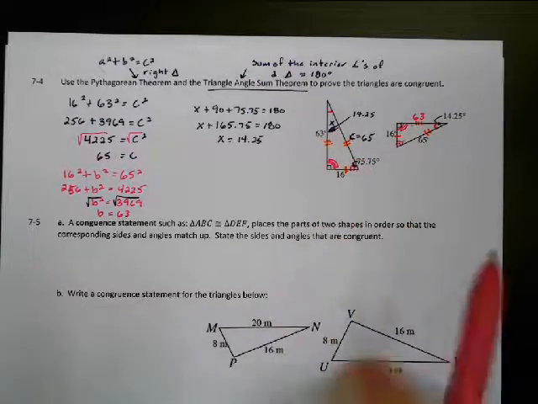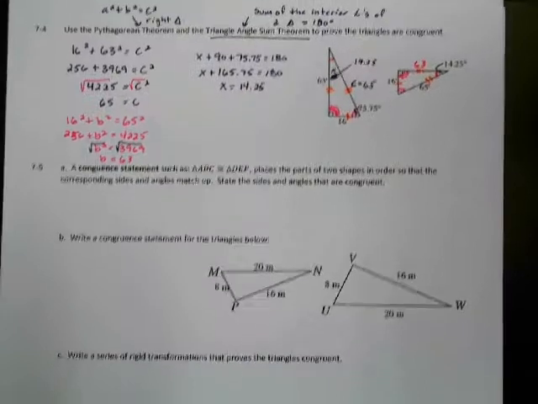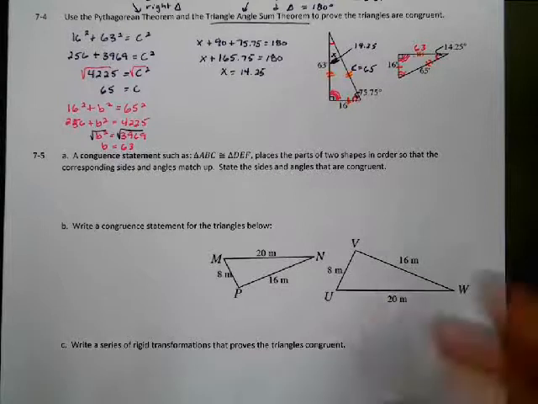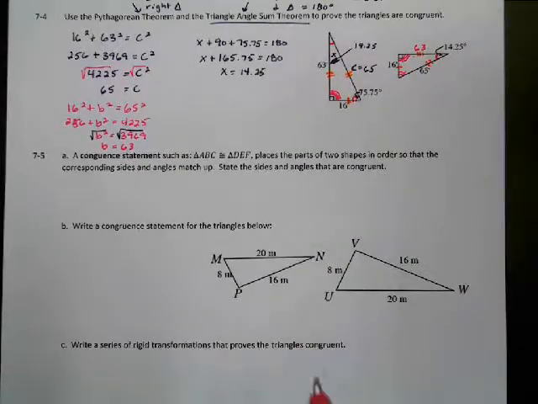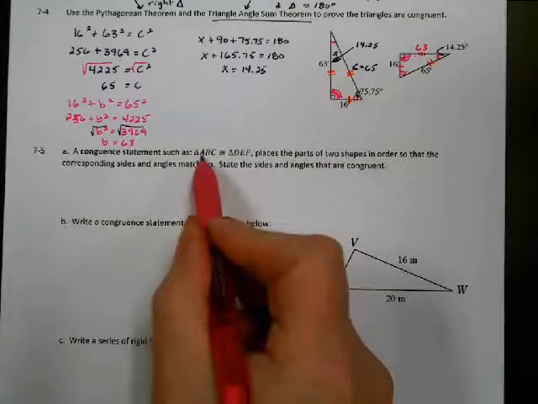A congruent statement is something that we write down to prove that two triangles are congruent. And what it does is it places all the parts in order. So that means if I start with an A here, D over here matches up to it. If I put B here, then E matches up to it.